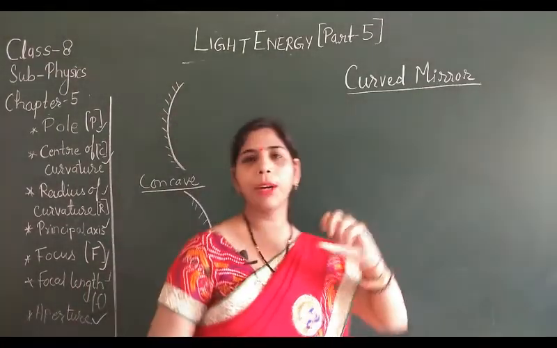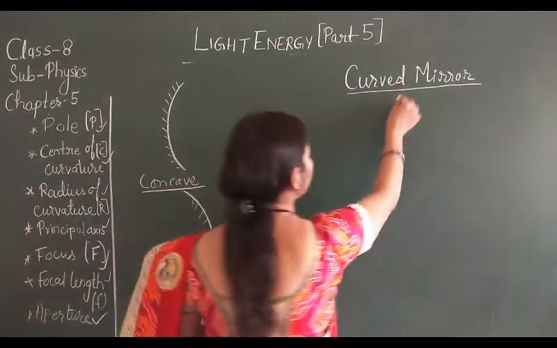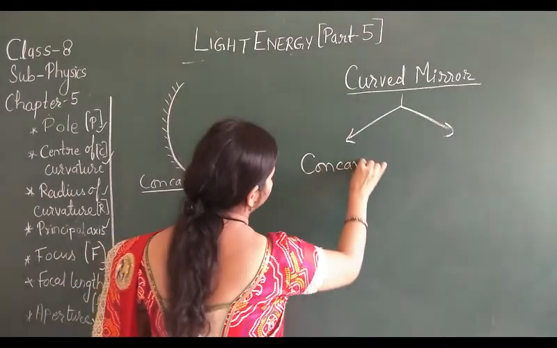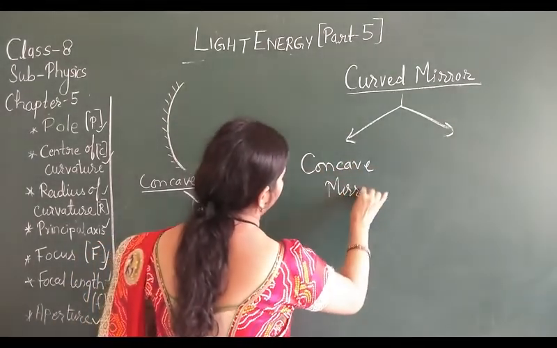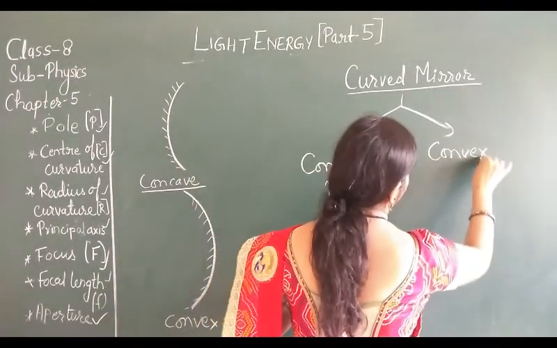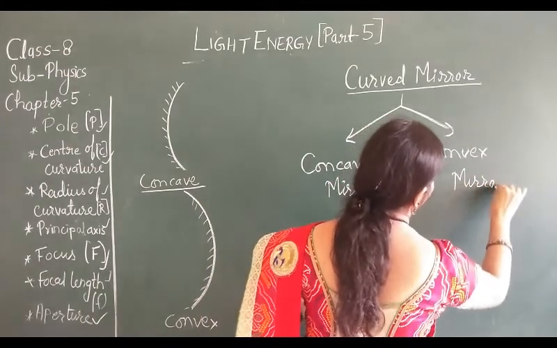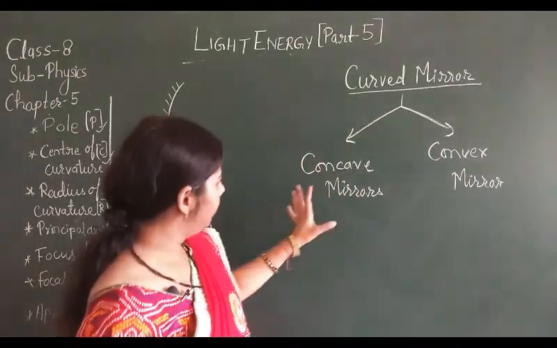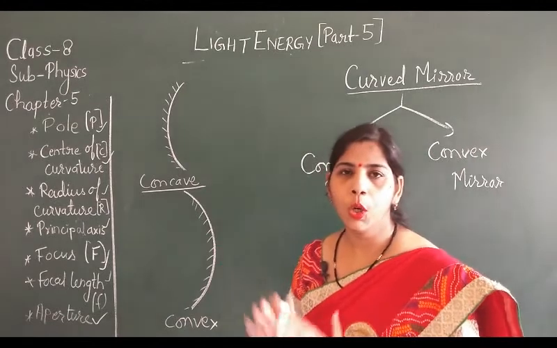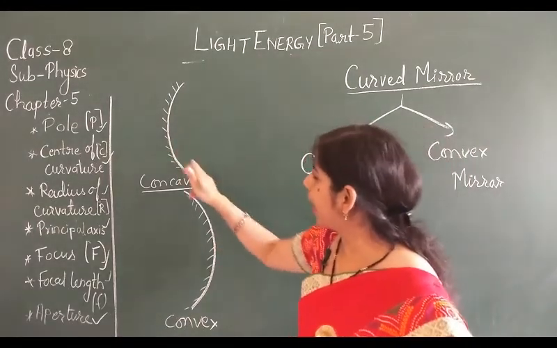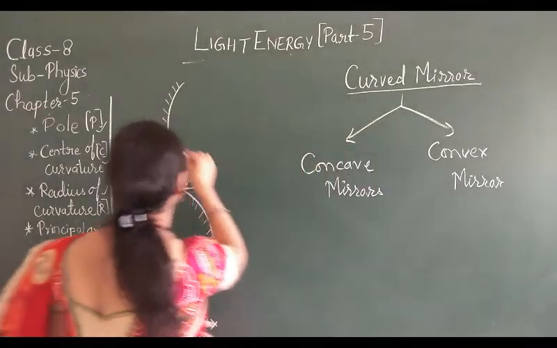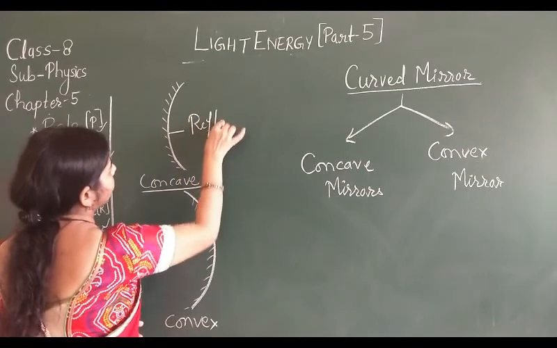Curved mirrors are of two types. First is the concave mirror and second is the convex mirror. So what are concave and convex mirrors? If the cave side is the reflecting surface, this is the reflecting surface.